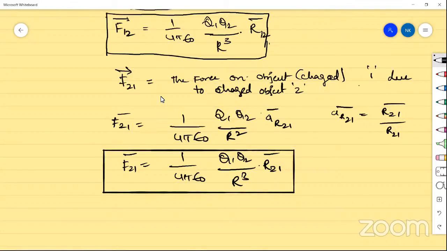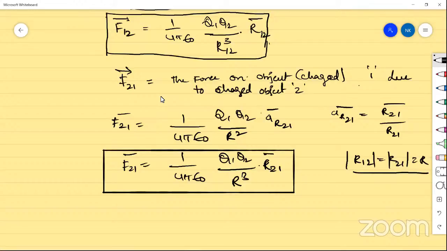To avoid confusion, you can write R12 also. Anyway, mod R12 is equal to mod R21, and I can say it as R, because they are equal. You can represent it with R12, or there is no need for this.